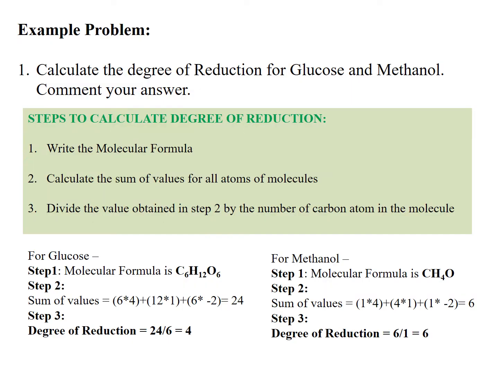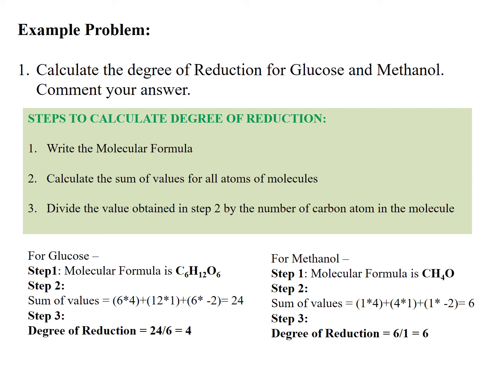Consider this problem as example 1. The question is: calculate the degree of reduction for glucose and methanol, and comment on your answer. To calculate the degree of reduction, we should know the steps. The first step is to know the molecular formula.